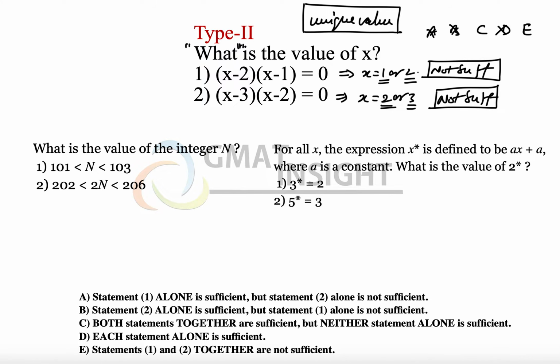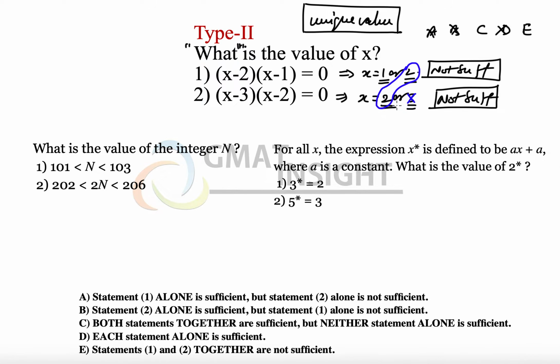When we combine the two statements, one basic understanding of data sufficiency is that we always have to choose the common value. The explanation is this: the first statement has confirmed that x is either 1 or 2, which means x cannot be anything other than 1 and 2, so the first statement eliminates the possibility of 3.